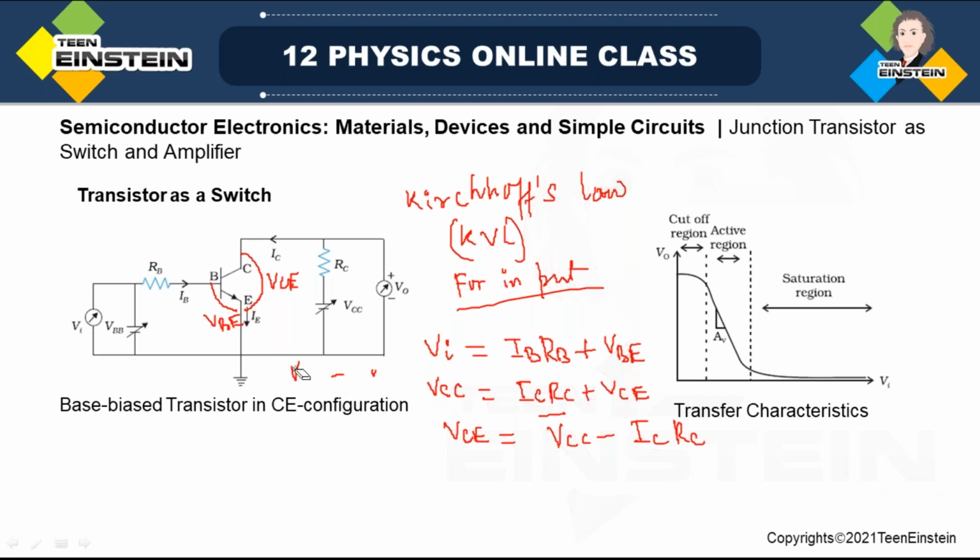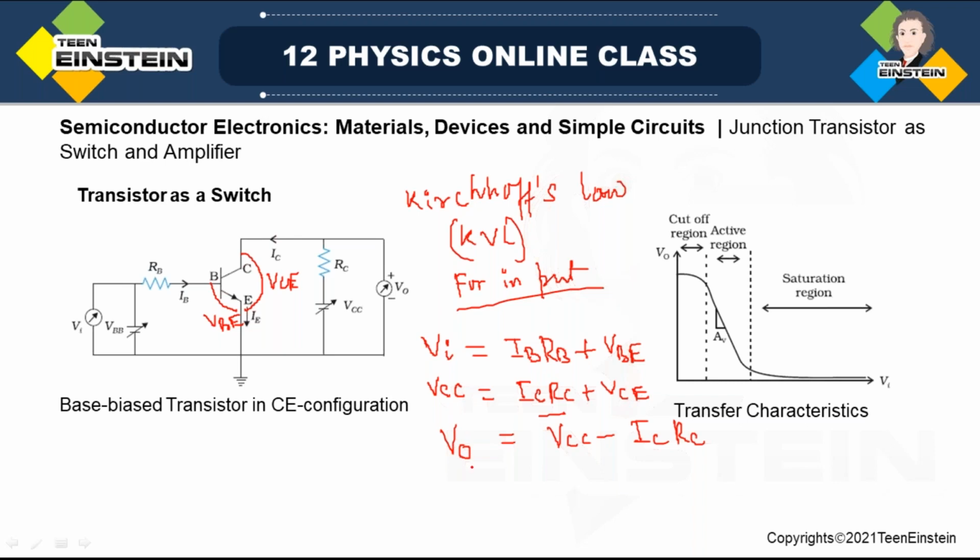Now I can give VCE the name V output because this is the output voltage. So I can write VO. In place of VCE, I'm writing VO because this is the output voltage, and VBB I have converted into Vi. So this is VCE, and this is actually the output voltage. Let me write it as V out. So this is input voltage and this is output voltage.